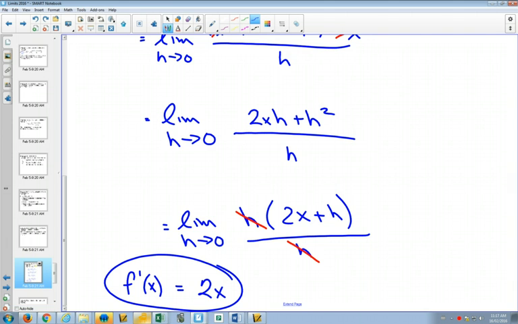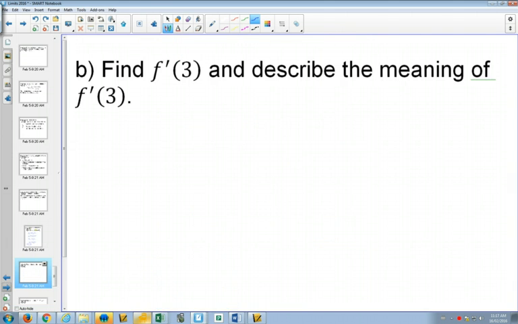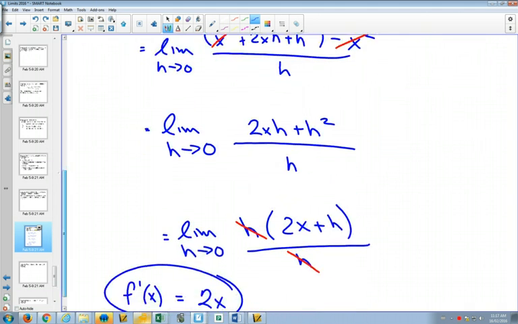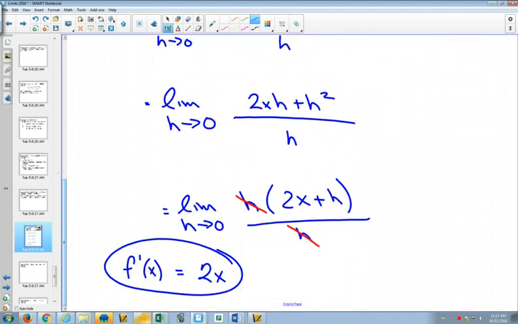Now part B here, what we were doing before when we were finding our slope of our tangent, we were looking at a specific point. What the derivative does, what we did right here by getting the derivative is equal to 2x, we now have a formula for every single point possible on our original function.